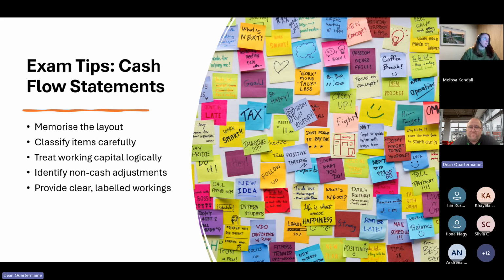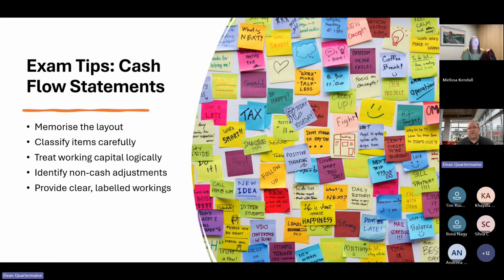So some exam tips then in relation to cash flow statements. My key takeaway really is memorize the layout of a cash flow statement. Ensure you understand how to classify the items. So what particular items relate to operating activity, what relates to financing activity, what relates to investment activity.